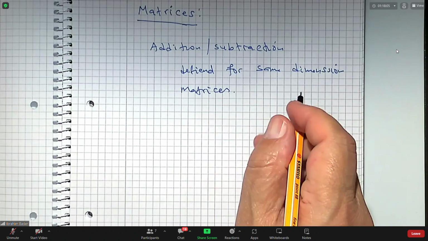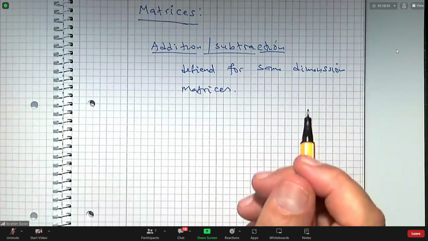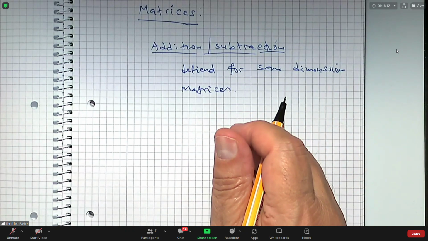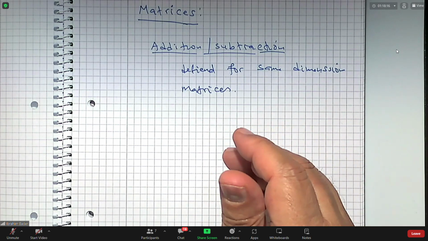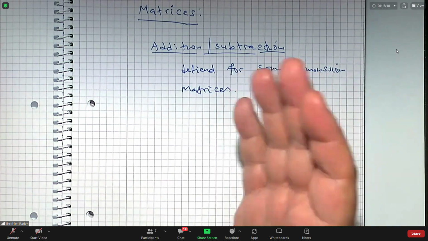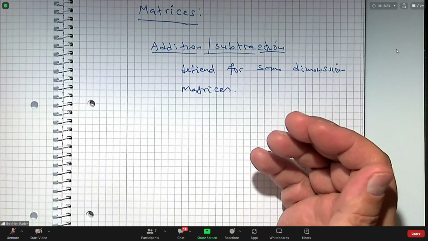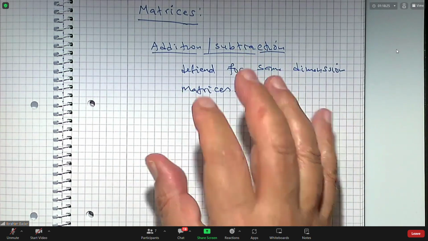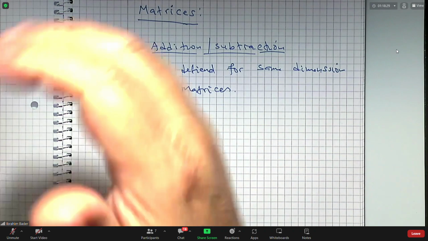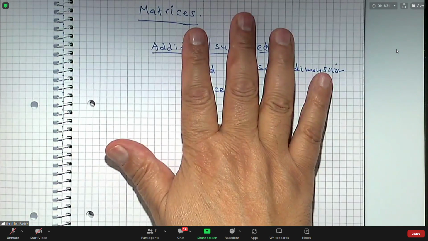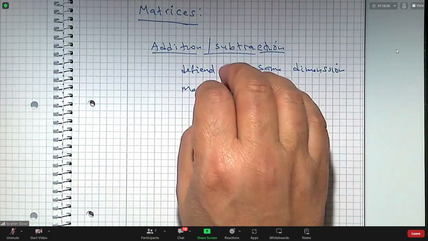This is actually a major difference between matrices, for instance, and real numbers. With real numbers, you can add and subtract any two numbers. However, for matrices, before you start applying the operation, you need to ask yourself, is this defined, yes or no? If it's not defined, it makes no sense to just start evaluating.